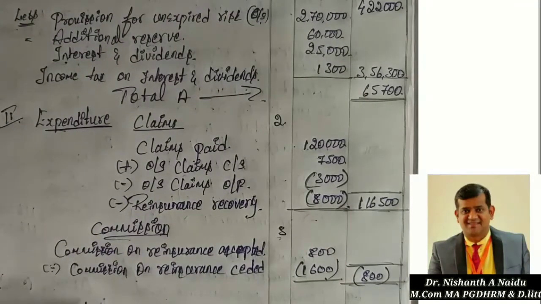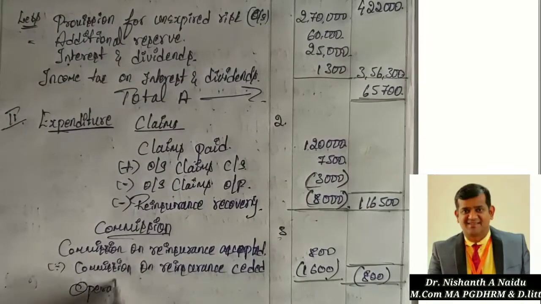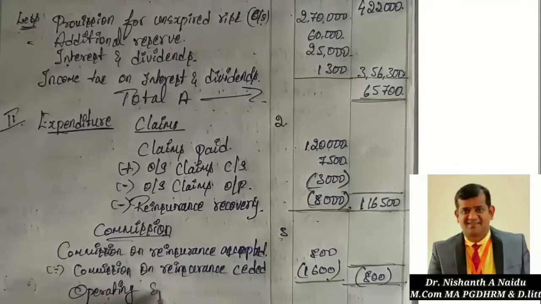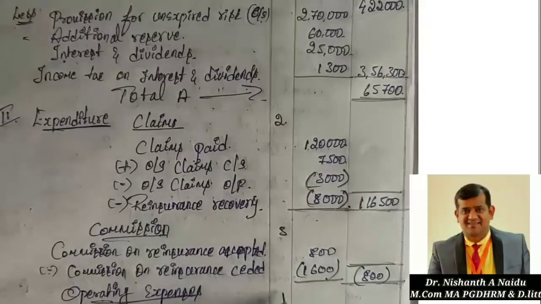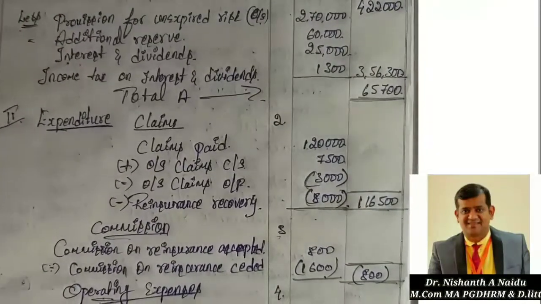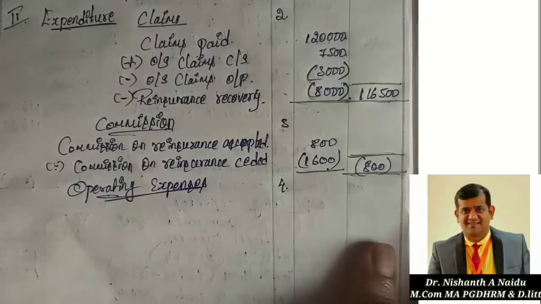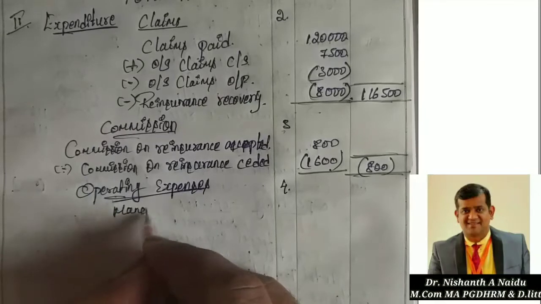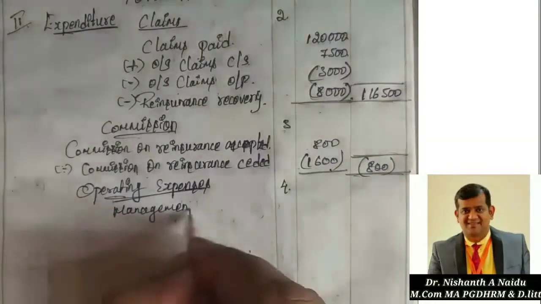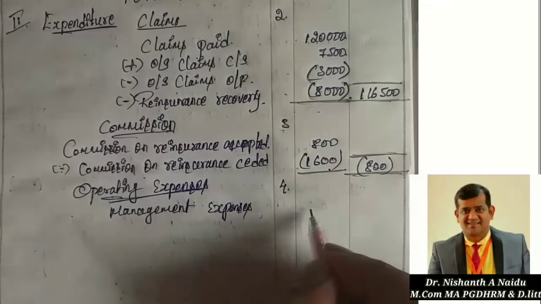So next total schedule 4 we have to do, that is operating expenses. Schedule number 4. So let us look into it. First one we do have management expenses. How much management expenses we have? 70,000 rupees.